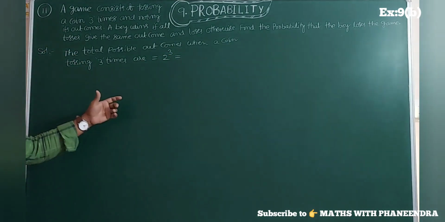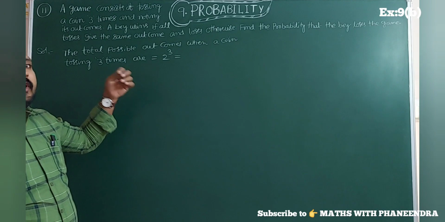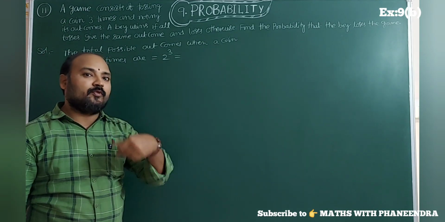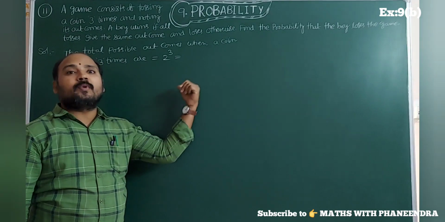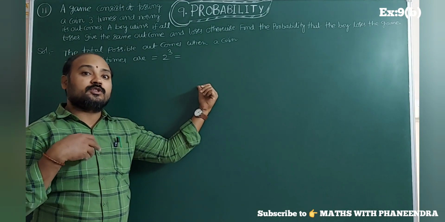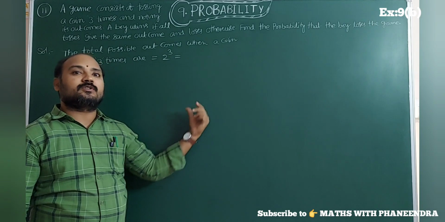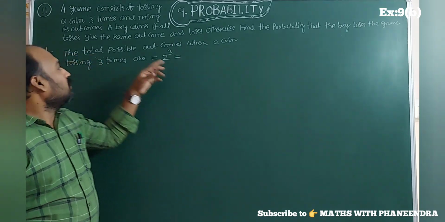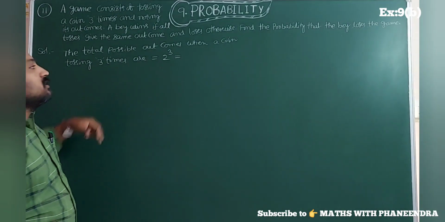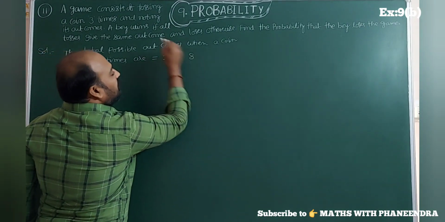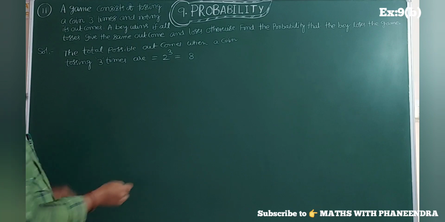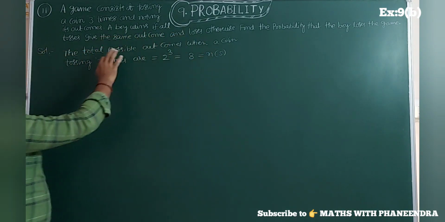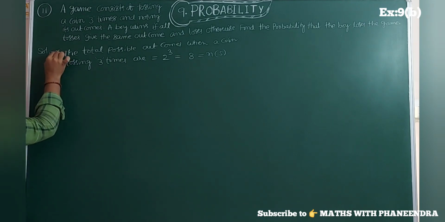In the previous sessions we discussed that when tossing a coin, there are 2 possibilities, head and tail. If you toss only one time, 2 power 1, if you toss twice, 2 power 2, toss thrice, 2 power 3, and so on, n times means 2 power n. So here, 3 times we are tossing the coin, so 2 power 3, which is equal to 8. So total possibilities, n of S. This is the first step.